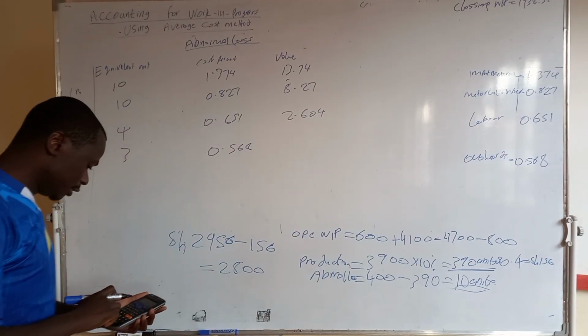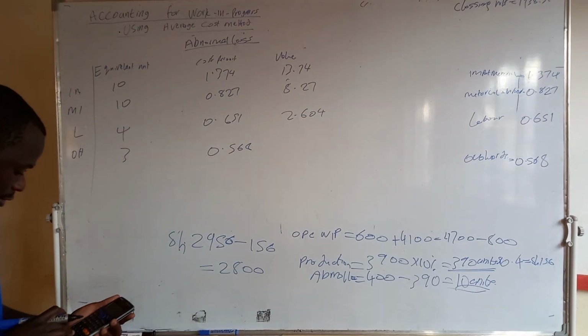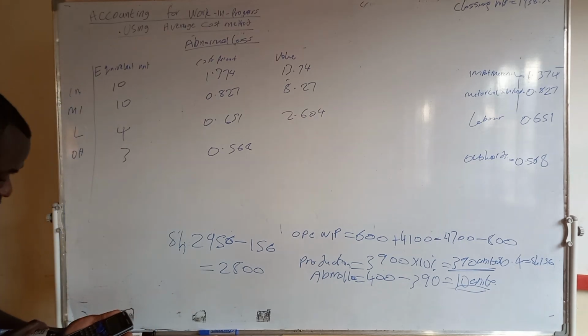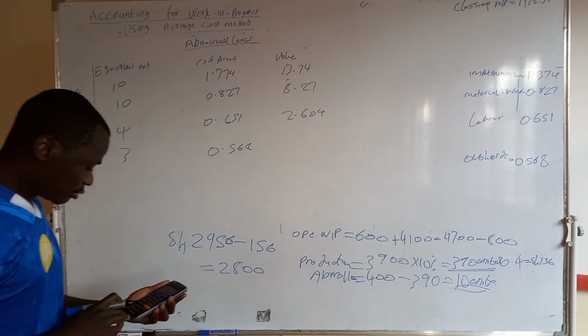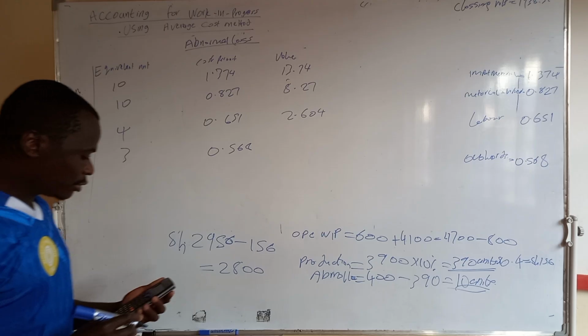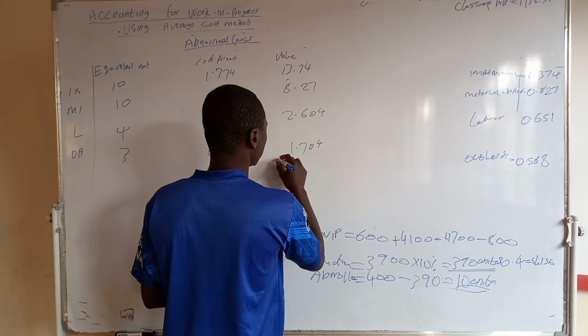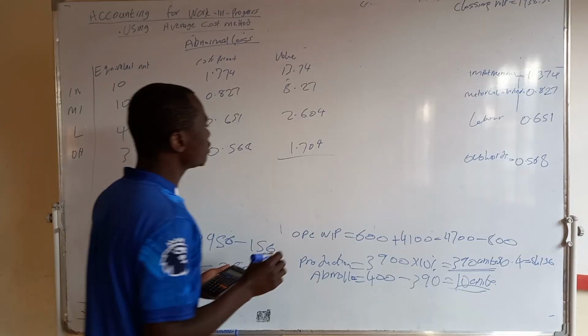Then we have 3 times 0.568, that one is 1.704.